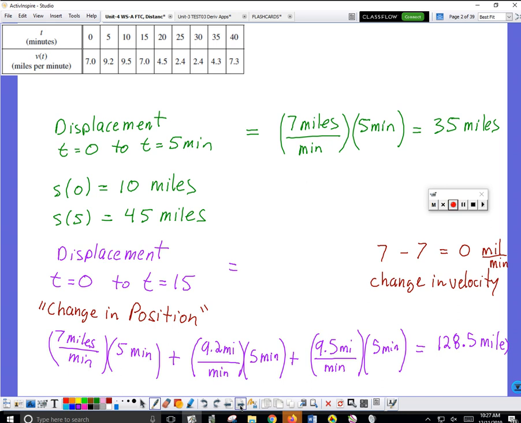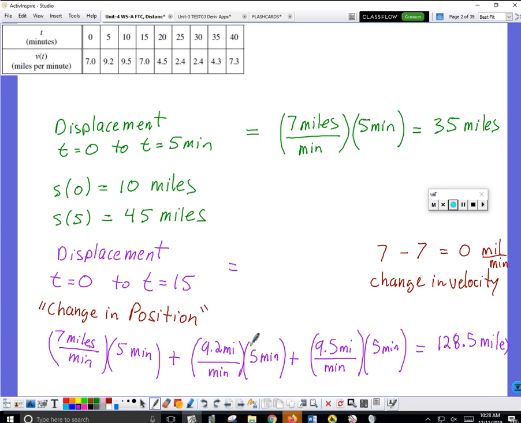Then because, as Sydney said, the velocity is different for the next 5 minutes, your position is going to change at a different rate. So we calculate this number, and same thing here, we add them all up, we get the total change in position. When I first looked at the table, I wondered how come it just goes from 0 to 5?